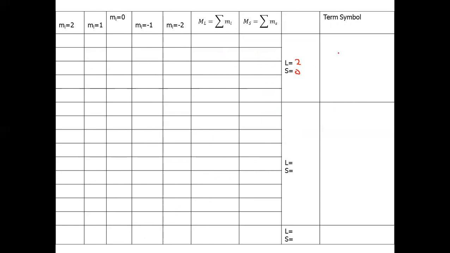So this corresponds to state 1D. Now the 1D state, how many microstates does it contain? 5, with S 0. So MS can have value 0, 0, 0, 0, 0. L 2 means ML 2, 1, 0, minus 1, minus 2.